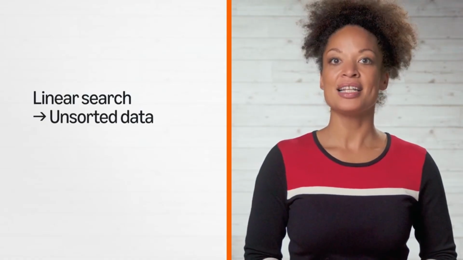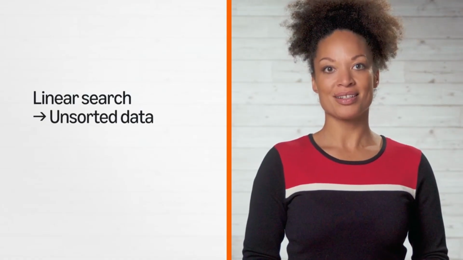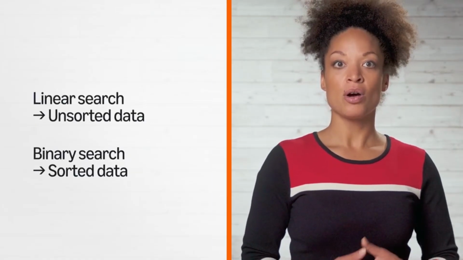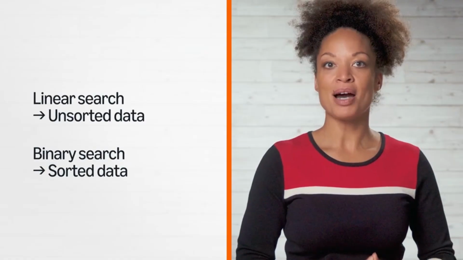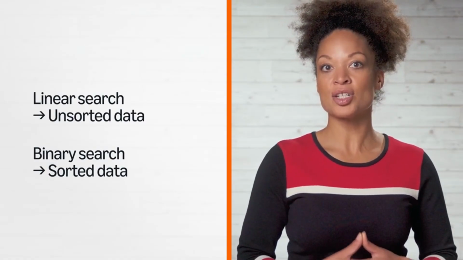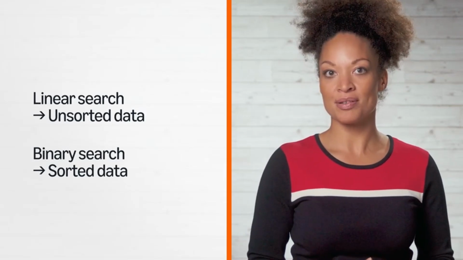To help you choose the right algorithm, let's summarize the best use cases for each. In general, for unsorted lists, linear search is the clear best option, since binary search requires the data to be sorted. But if the data is already sorted or can be sorted first, binary search is much faster. However, the size of the dataset does add some nuance to the choice.